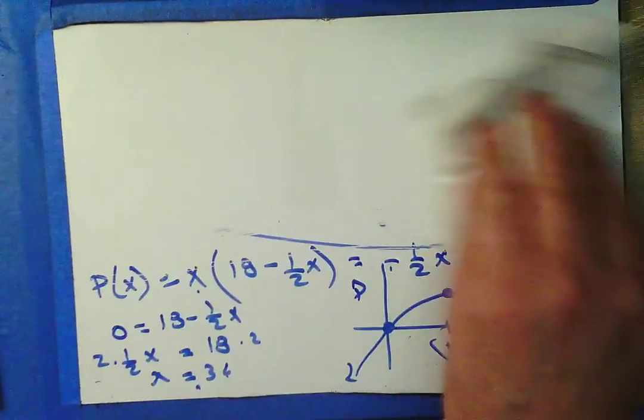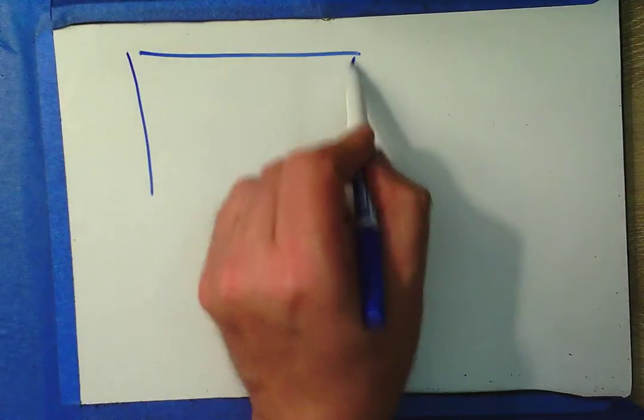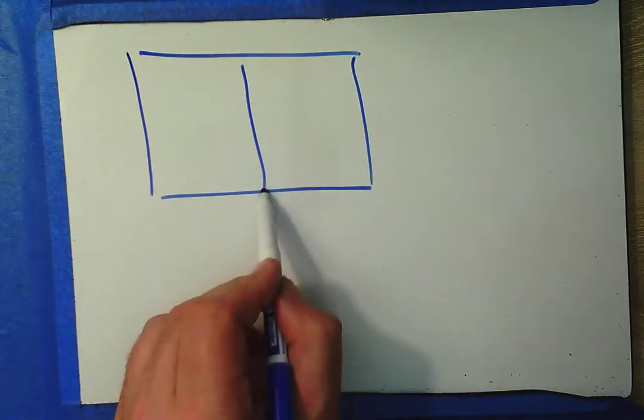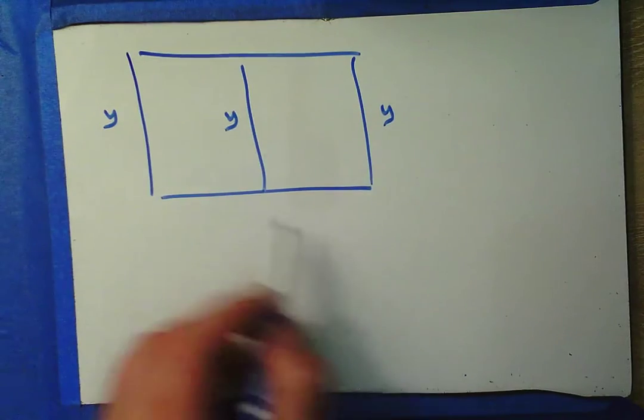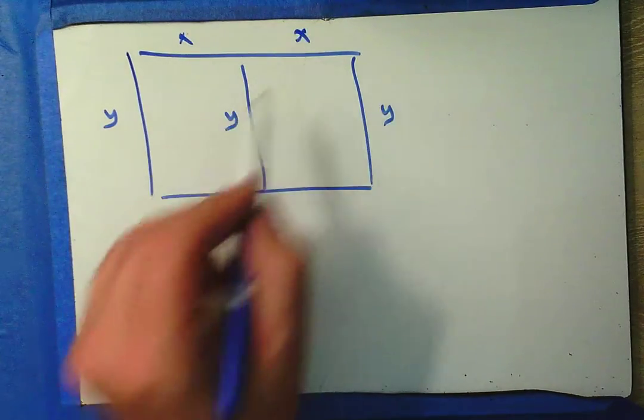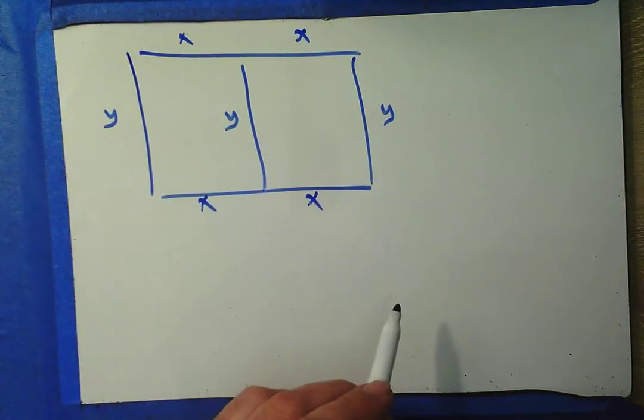Okay, last problem we need to look at is a corral. You know, the nice thing about living in Tucson, especially on the east side, is you may actually know people who have horses. And in this case, we're looking at a situation where we have a corral where this is an overhead view, where these sides are all the same length, and they're called y, and these lengths are all x, okay?